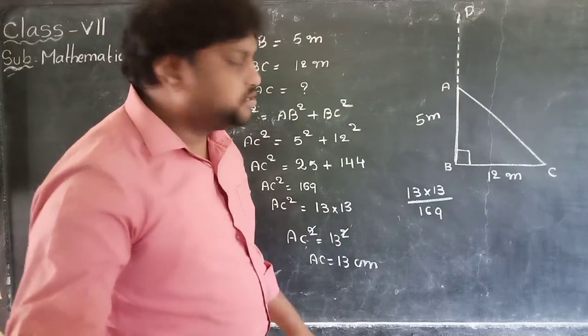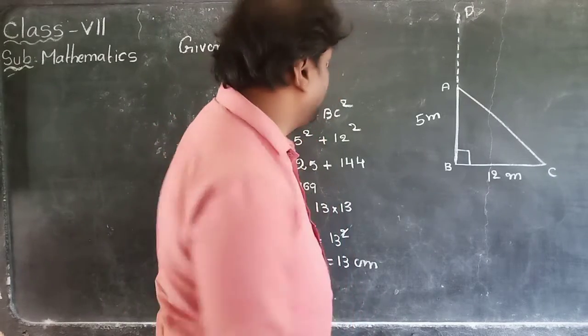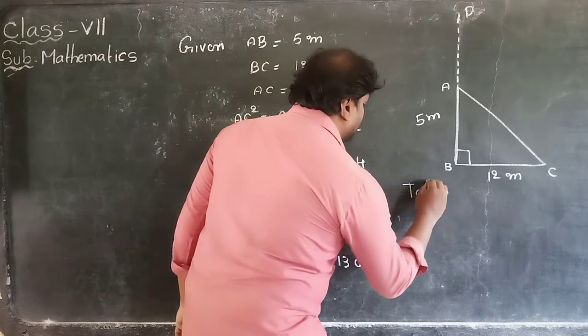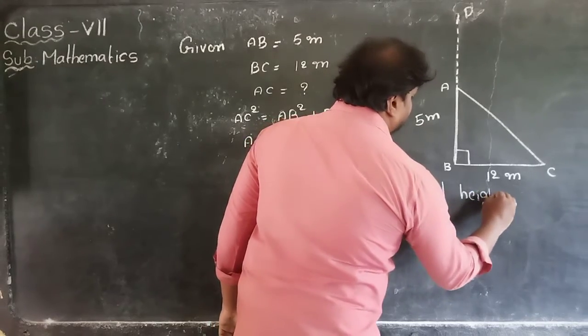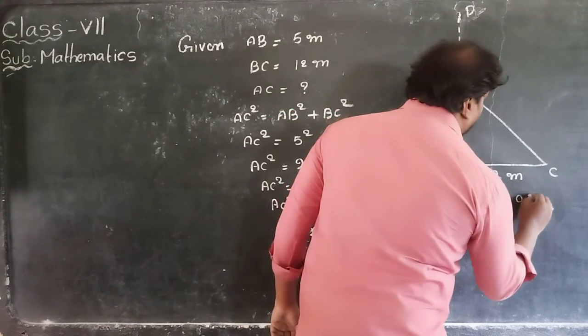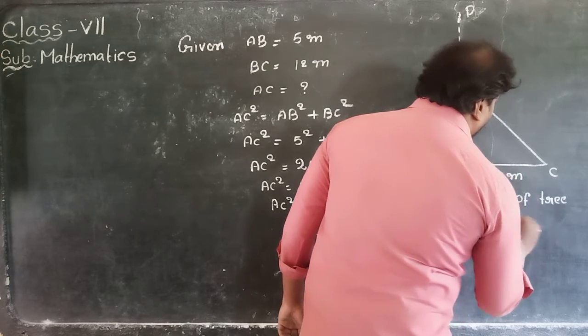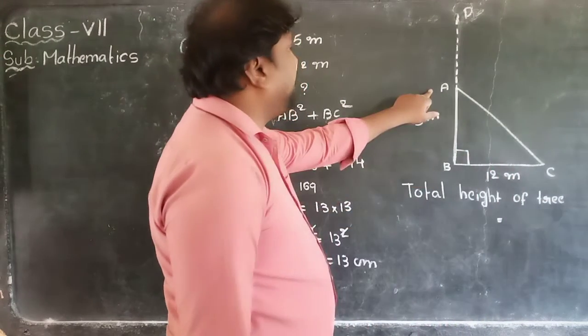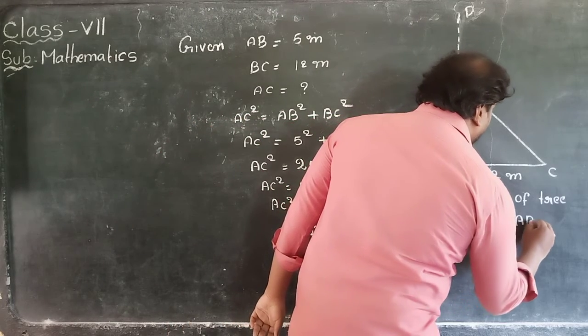Now we have to find the total height of the tree. The total height of the tree is equal to, before it broke, AB plus AD.